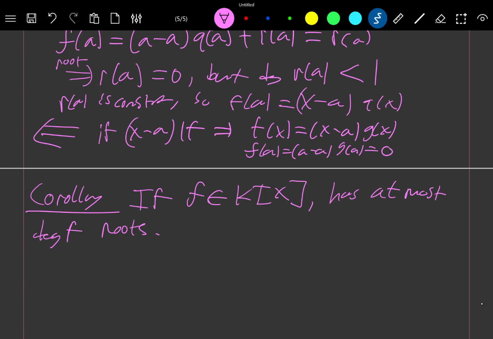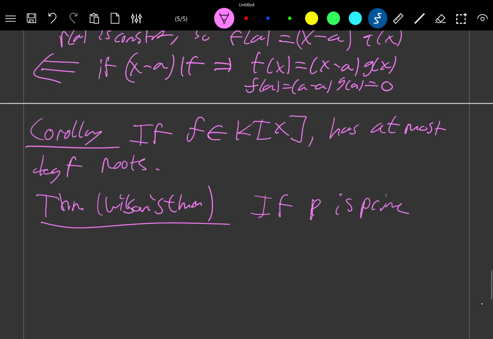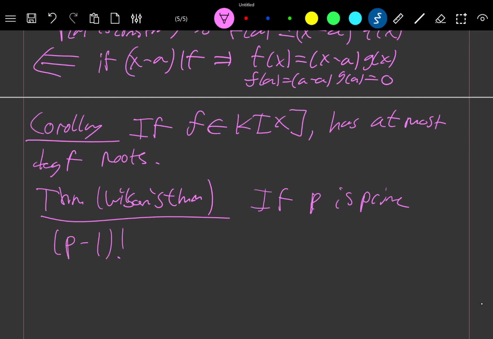Why did I want to talk about all of this? It's because I wanted to prove the following theorem, called Wilson's theorem. This says if p is prime, then p minus 1 factorial is equivalent to negative 1 modulo p.